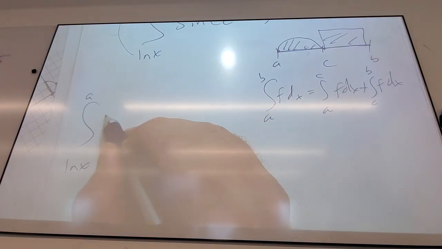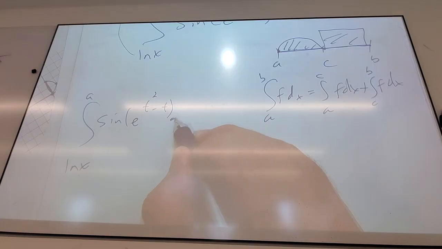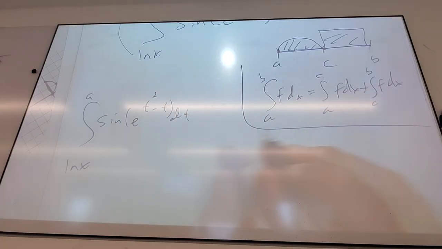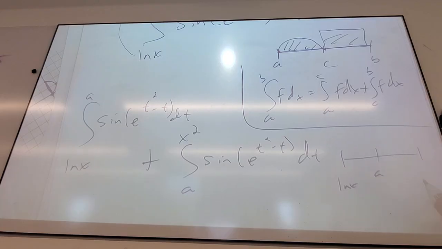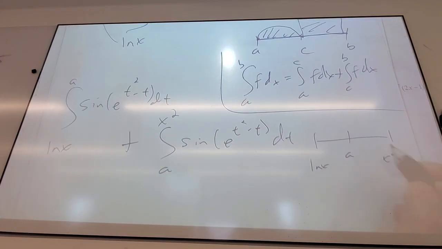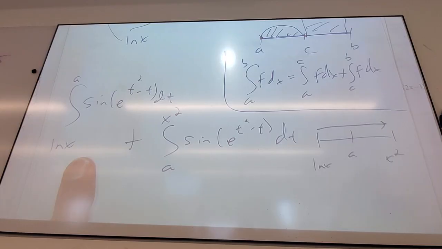I don't have to be specific. Plus a to x squared. So what I just did was, I went from natural log of x to a, and then from a to x squared. So did I end up going from natural log of x to x squared? Yes, I did. So what's wrong with this one?